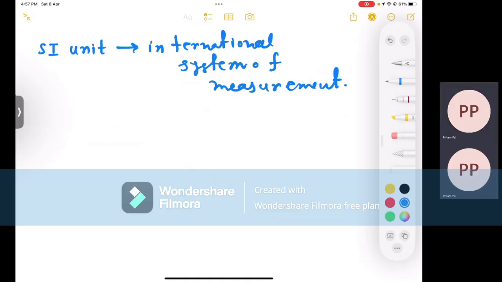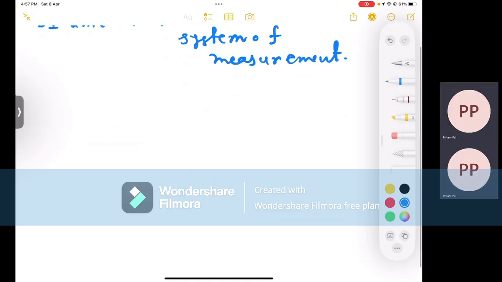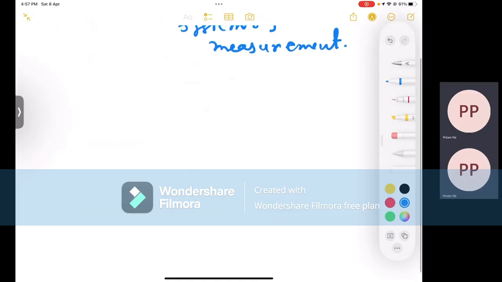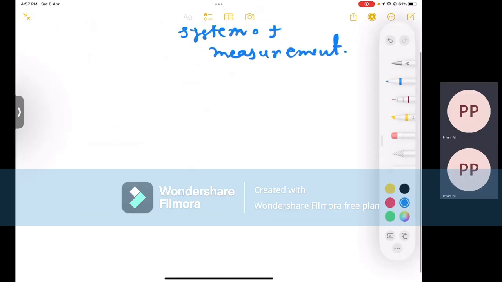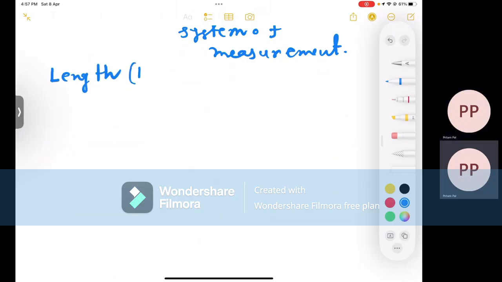There are some units which are called the base SI units. These are very primary, so I'll discuss them one by one. First one is length. We define this by L, the SI unit is meter, and the symbol is m.